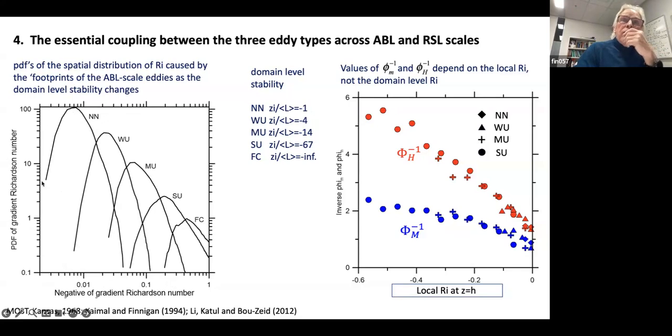So we can see that in the near neutral case, where Zi upon the average Obukhov length is nearly 0, all the way up to free convection. And if we do look then at phi m and phi h to the minus 1, remember these are the parameters from the Monin-Obukhov theory, which modulate the diffusivities of heat and momentum. They depend, it turns out, on the local Richardson number, not on the domain level Richardson number.